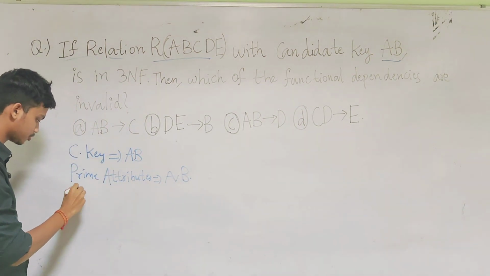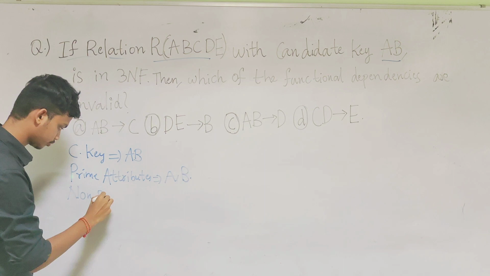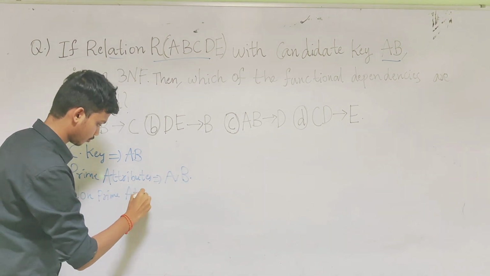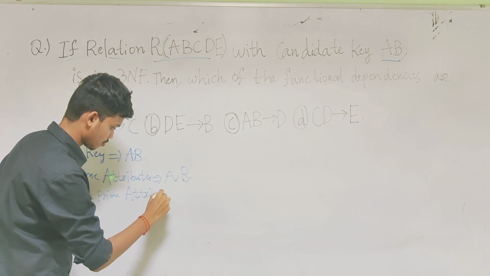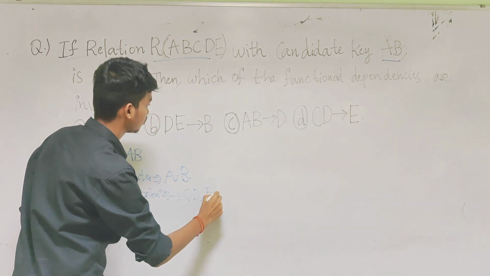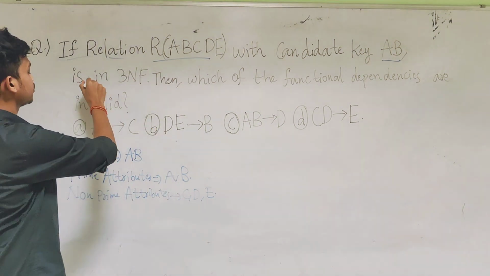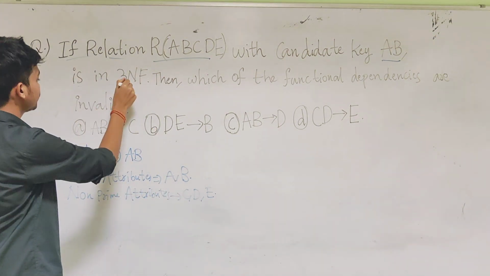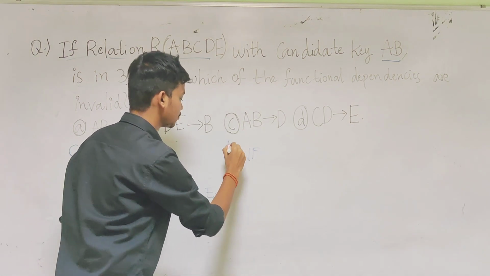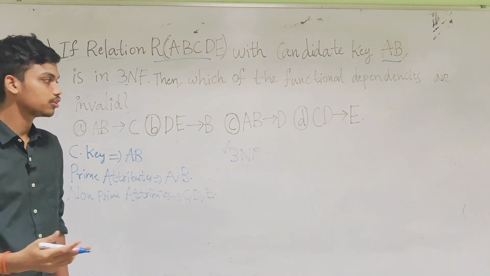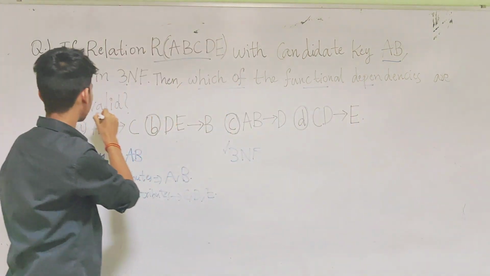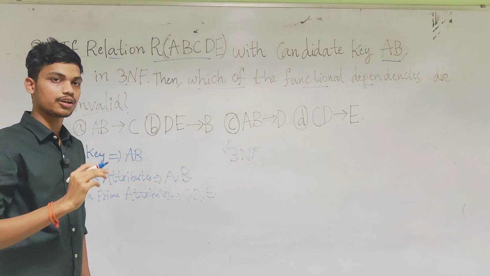What are the non-prime attributes then? Those are C, D, E. They have said the relation is in 3NF. That means it is in 1NF and 2NF also. Then which of the functional dependencies are invalid if it should be in 3NF?